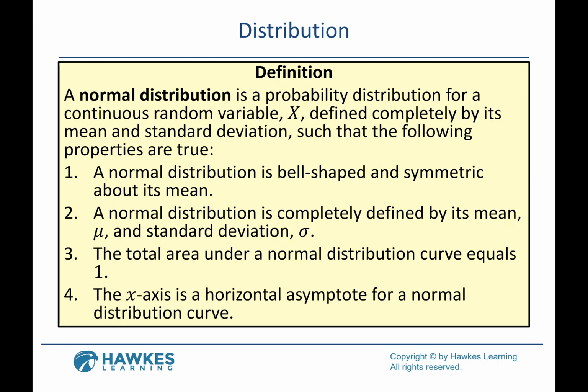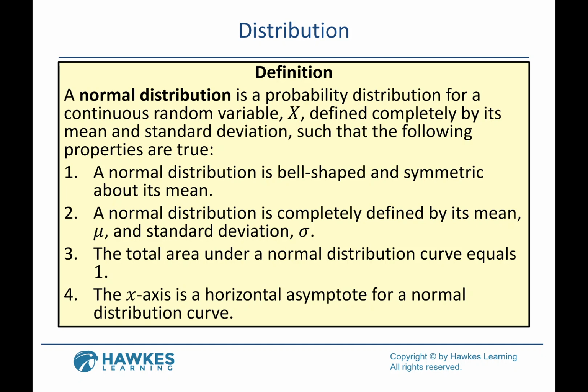So in order for a probability distribution to be a normal distribution, first of all, we need to be dealing with continuous data. So it says we have a continuous random variable. And then it says our distribution is defined completely by its mean and standard deviation. We'll see that again in a second. And then we've got these 4 properties.